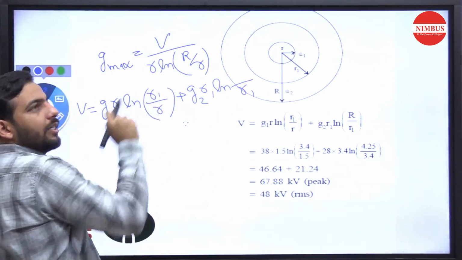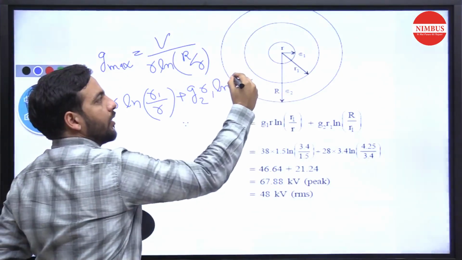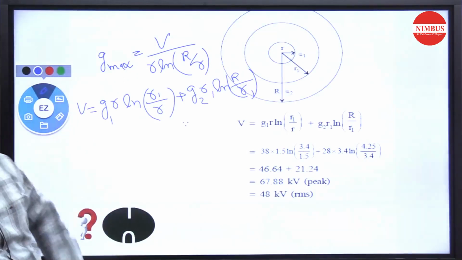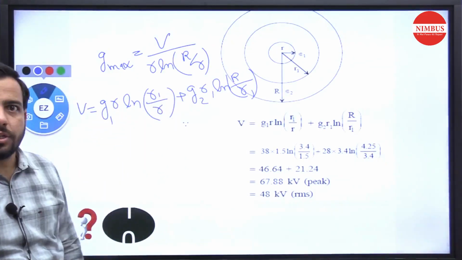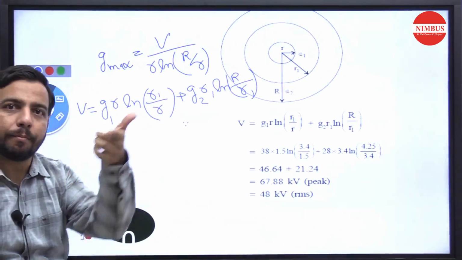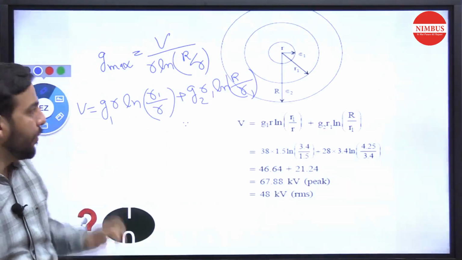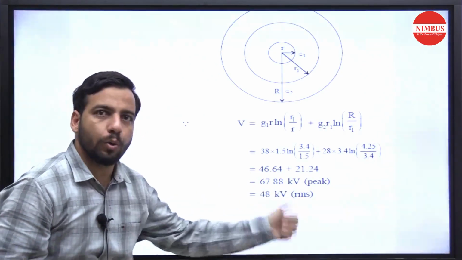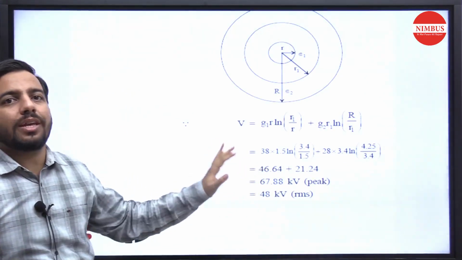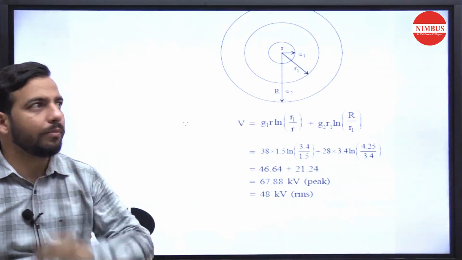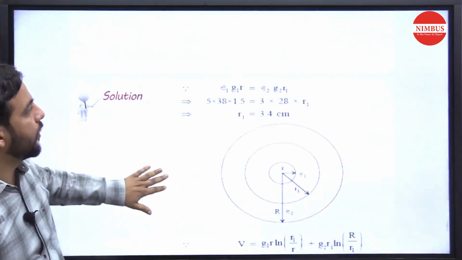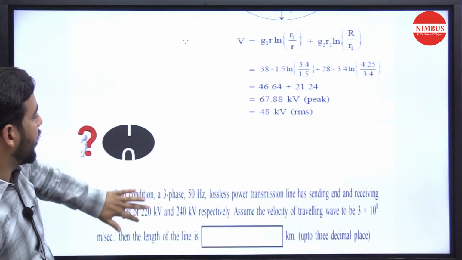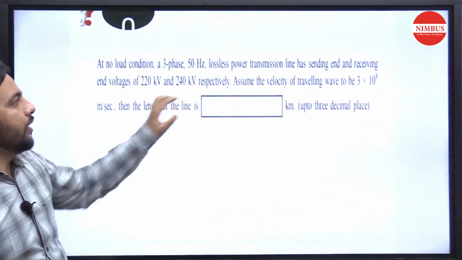It is up to R1, this is up to R. From here, you can calculate the V. As these are the maximum stresses, we will also provide the peak or maximum value. But here we need to calculate the RMS value in the question, so we need to divide it by root 2. So this is capacitance grading. We need to use two formulas, the V formula and the Q formula. Okay.